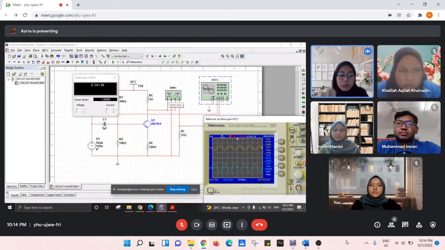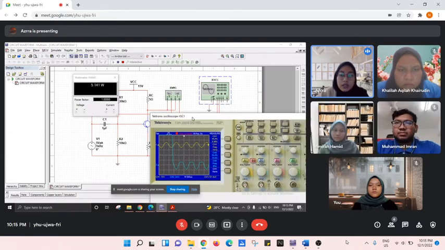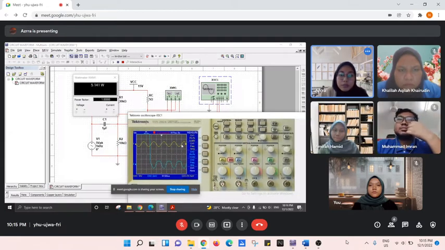We use the wattmeter to measure the power for the circuit. We also use an electronic oscilloscope to show the output. So I will run this circuit. So we get 5.141 watt on the wattmeter. Next, I will show the waveform.